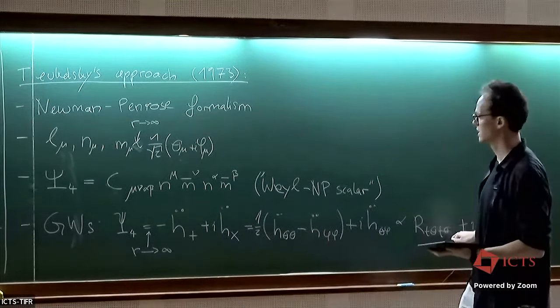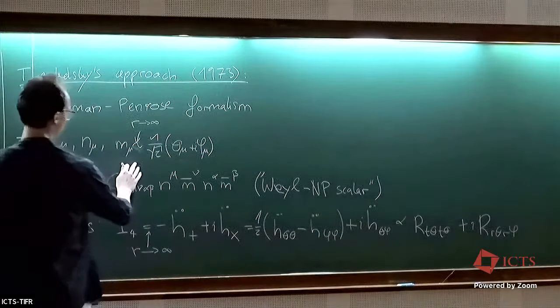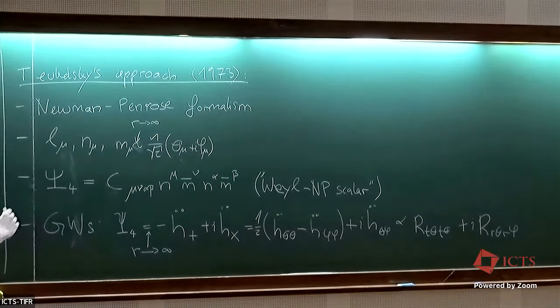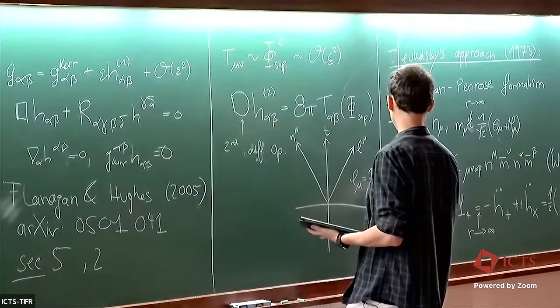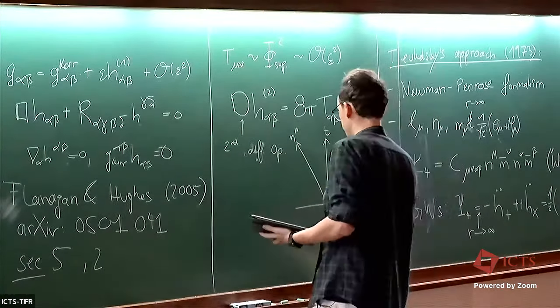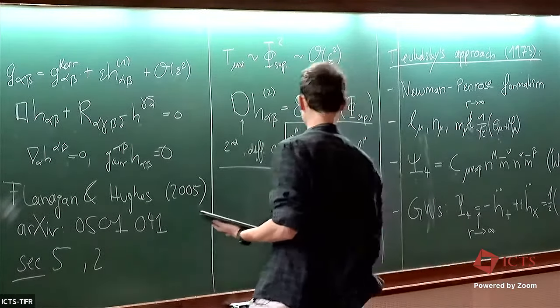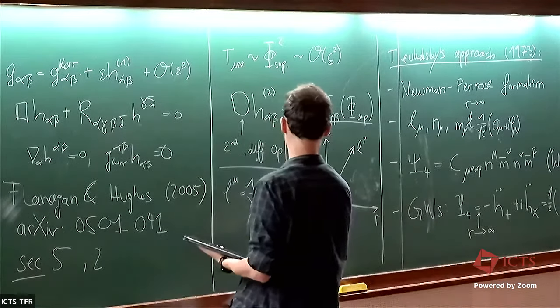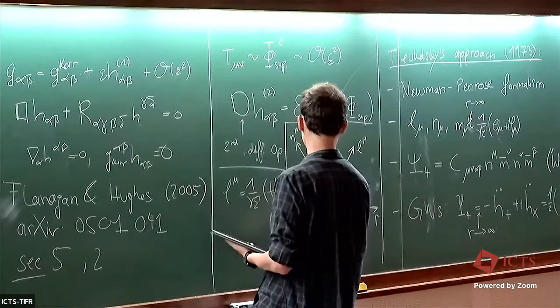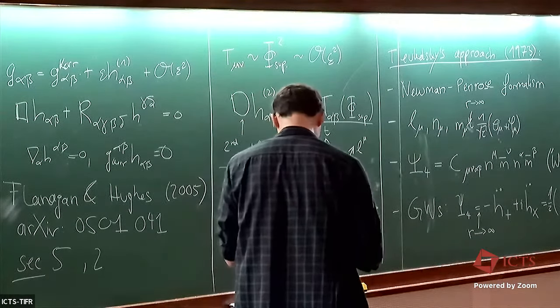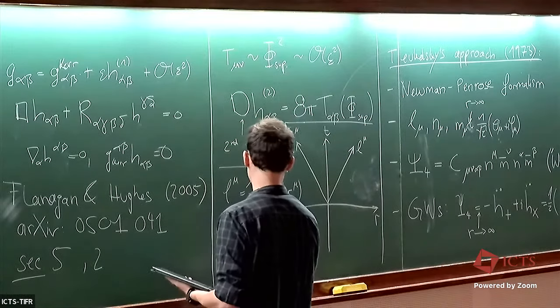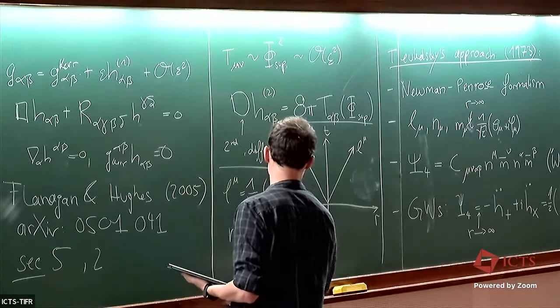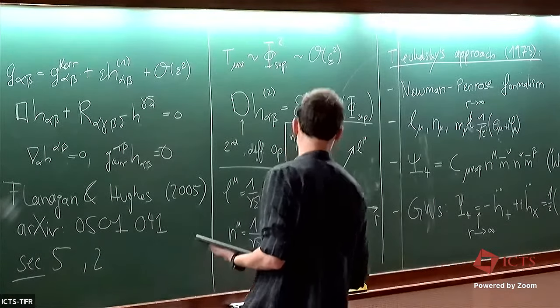And in fact, if we glance at the way we defined m and the way we defined L and N, L is basically t mu plus r mu, and N is t mu minus r mu.